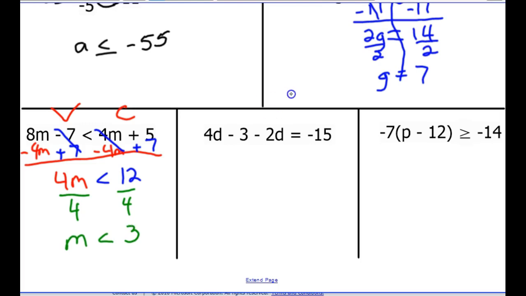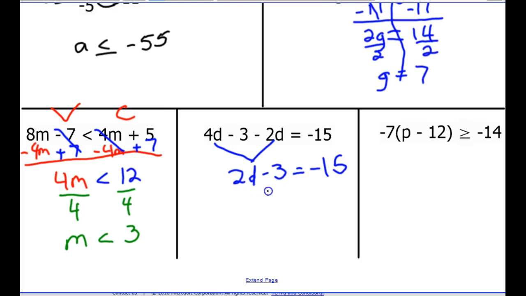Our next problem is an equation because there's an equal sign. We have two variables, but they're on the same side, so we can combine like terms because they're both d, so we can combine them together to make one. 4d minus 2d gives us 2d minus 3 equals negative 15.